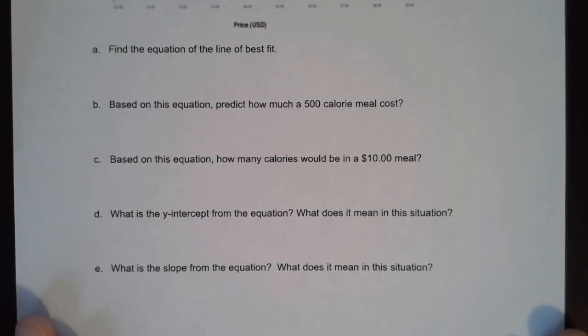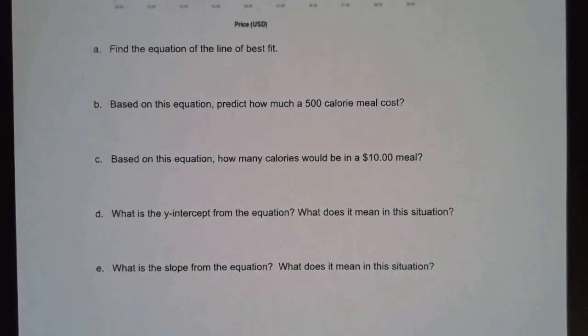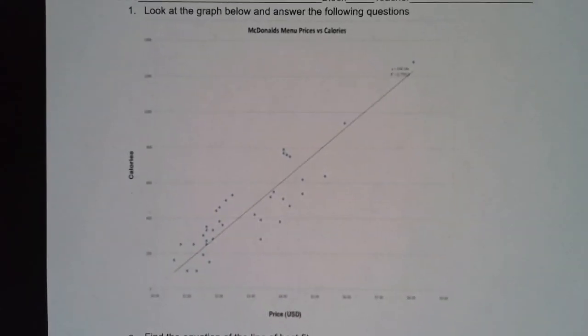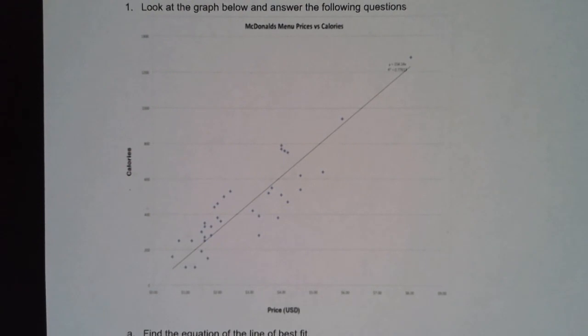Find the equation of the line of best fit. Based on the equation, predict how much a 500 calorie meal costs. Predict how many calories are in a $10 meal. And we want to find the y-intercept and the slope and interpret what they mean in this situation. So go ahead and pause the video and find all of these pieces of information in this graph.